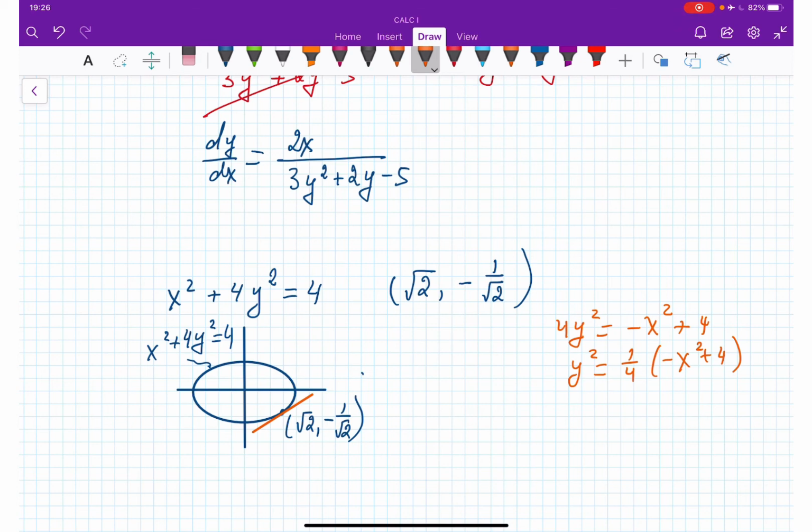And y is going to be equal to the square root of 1/4, which is 1/2, times the square root of negative x squared plus 4.